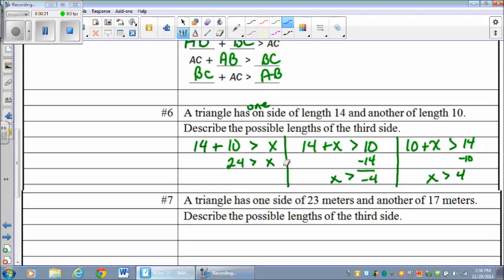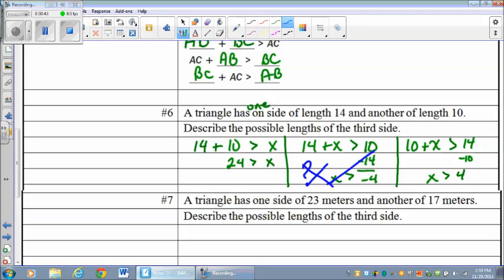Now, my question is for this one right here, this is my big question mark. Can I have a side length, because x represents the third side, can I have a side length that's greater than -4? Can I have a side length that's -3, -2, -1, -4? Can I have side lengths that are negative? And the answer is no, I cannot.